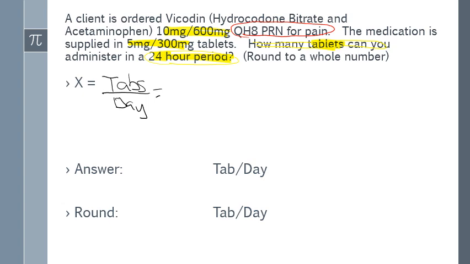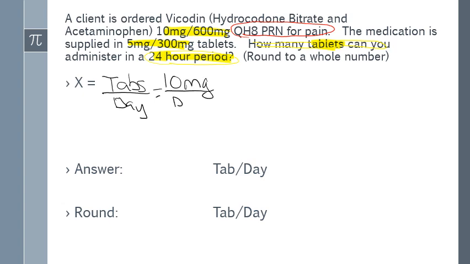Okay, so I'm going to stay on the left side of the problem. I like the left side because there's fewer zeros in there, and zeros tend to make me make errors in the calculator, and I don't like errors. So I know that I have an order, and again, you can start with the order, you can start with the supply, whatever method you want to do. I'm going to start with the order, and I know the order of the hydrocodone is 10 milligrams, okay?